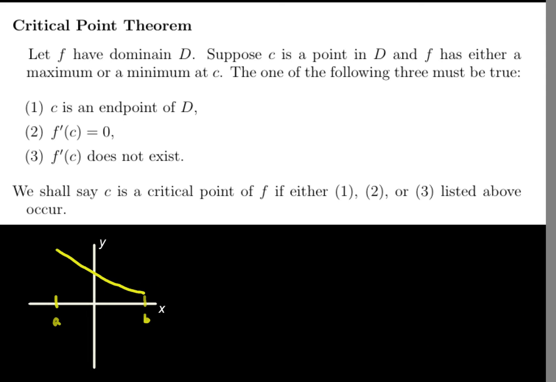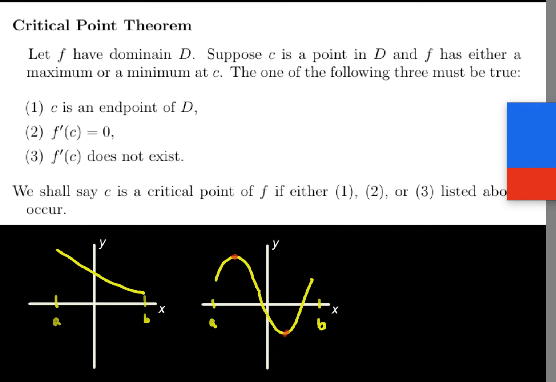The second scenario would be where the derivative is 0. So again, let's look at our endpoint here is a of our domain, our other endpoint here b in our domain, and maybe our function goes up for a little bit, comes back down, and then comes back up again. Well, we see that we have a maximum there, and a minimum here. Well, at the maximum, what is the slope of our curve?